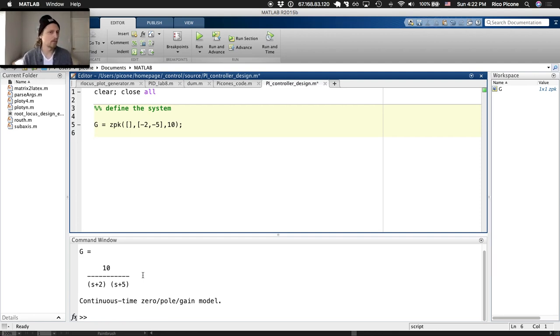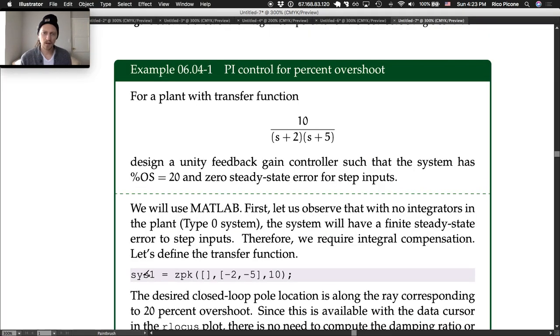and now we would like to go through and do our proportional controller design, right? So okay, we can do that based on just the root locus, right? We can just look at the root locus for this system, and we can choose a gain that meets our performance criteria.